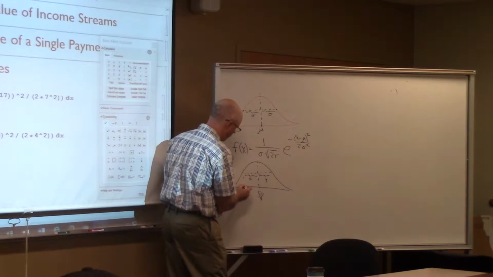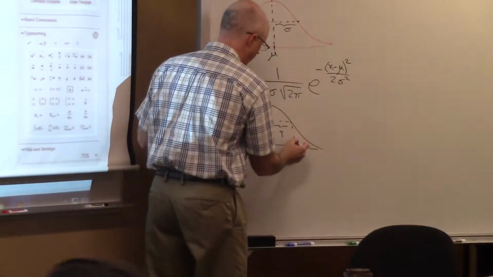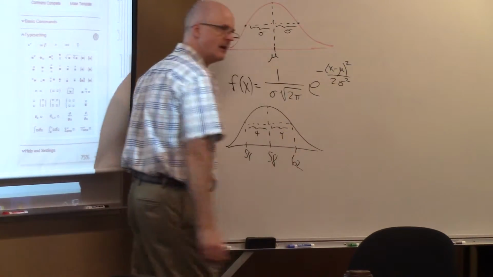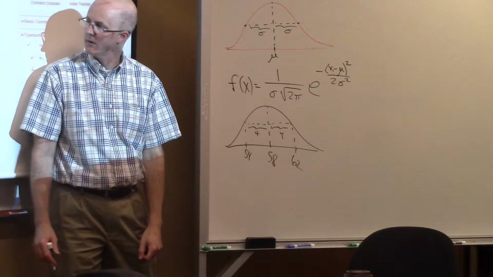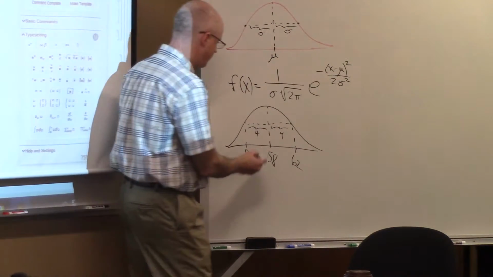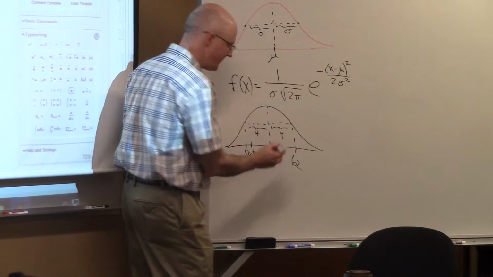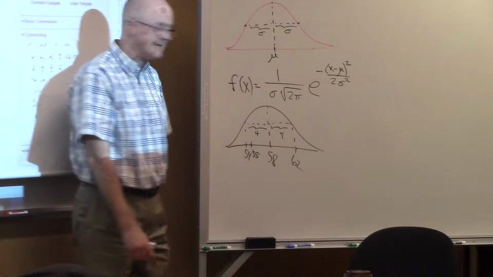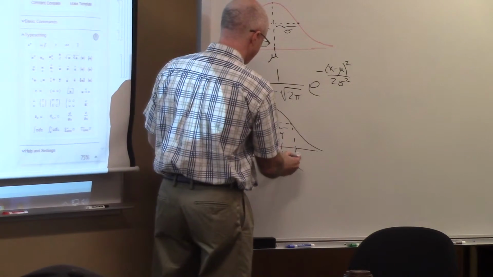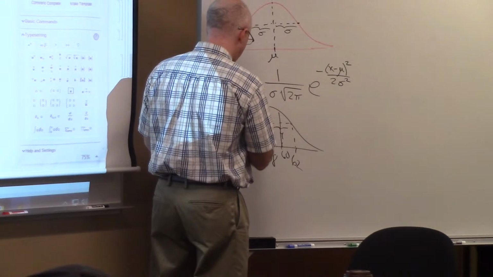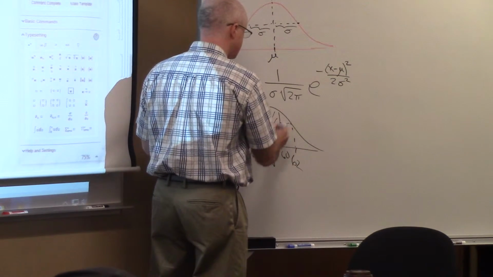That means this point right there is 54, and this point right there is 62. I'm trying to find the probability that a randomly chosen car is between 55 and 60. It's going to be the area under the curve between 55 and 60, because it's a PDF.